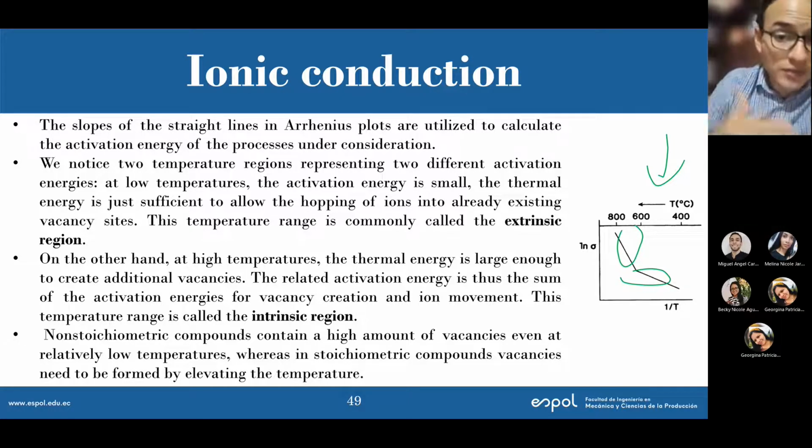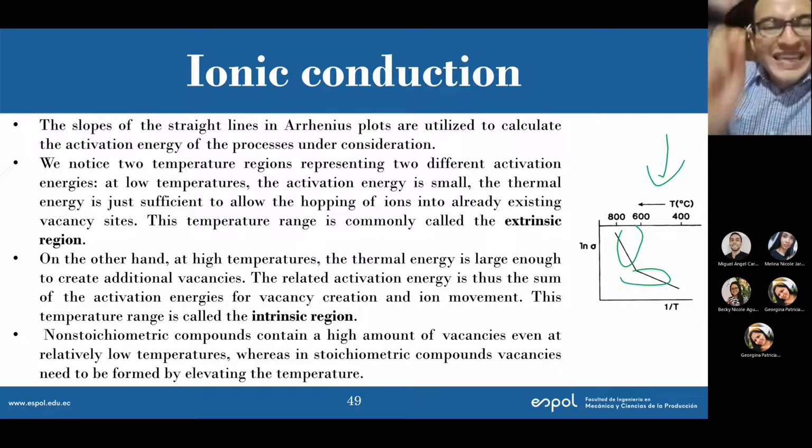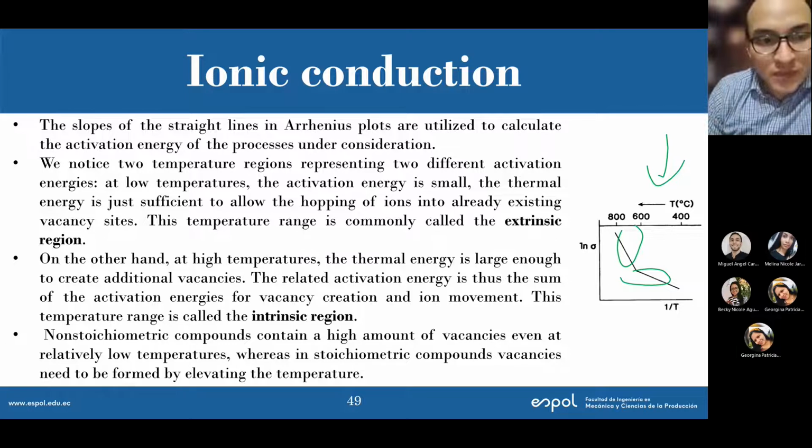So the activation energy must be small. What does that mean? Well, the thermal energy is not high enough yet, so only a few ions can jump into the vacancy sites.